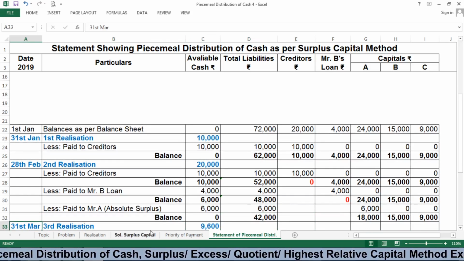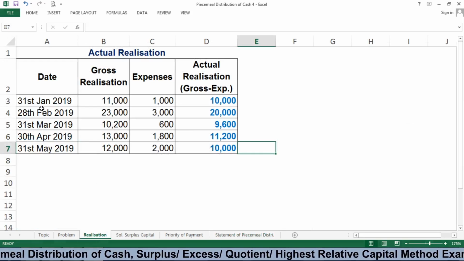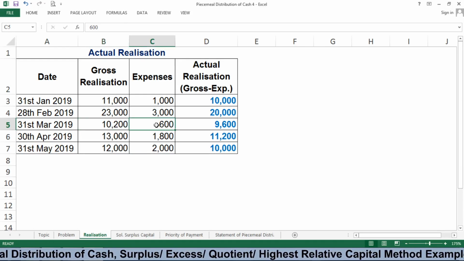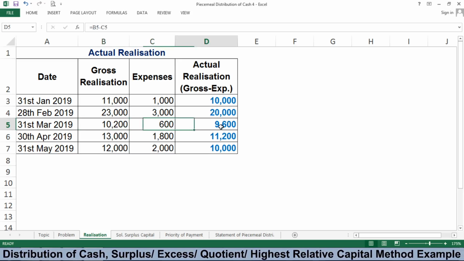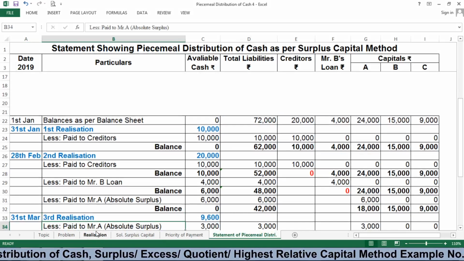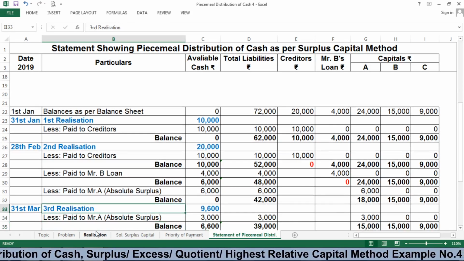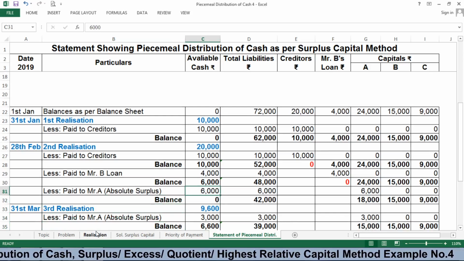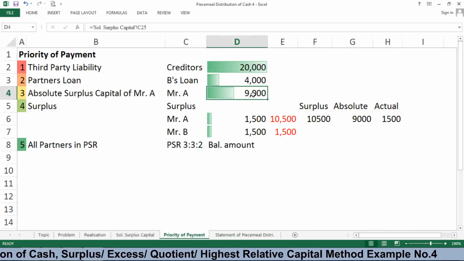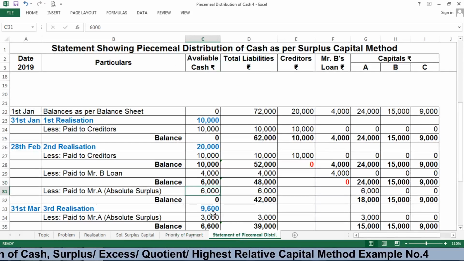Now we can call the third realization. Third realization is on 31st of March, that is 10,200 minus expenses 600, and actual realization is 9,600. So the third realization is 9,600. First of all, we have to pay 3,000 to Mr. A, because his absolute surplus was 9,000 and we paid rupees 6,000 only in the earlier step.